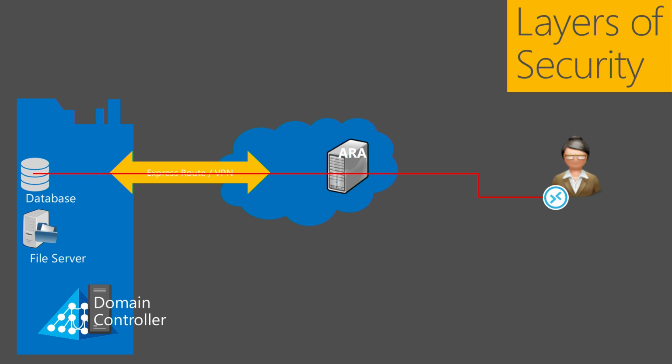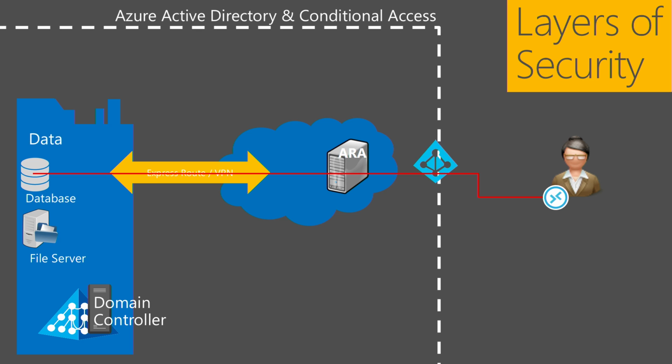Thinking about the layers of security, the first layer is always Azure Active Directory and conditional access. You have to sign in to get the list of your applications. So if you have certain rules like multi-factor authentication, they're going to affect that. Or just earlier this week, we announced that the iOS and Android clients are now MAM aware.